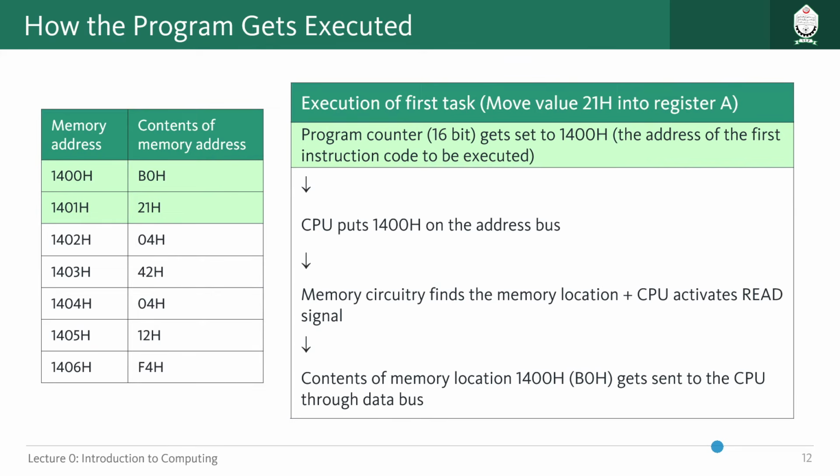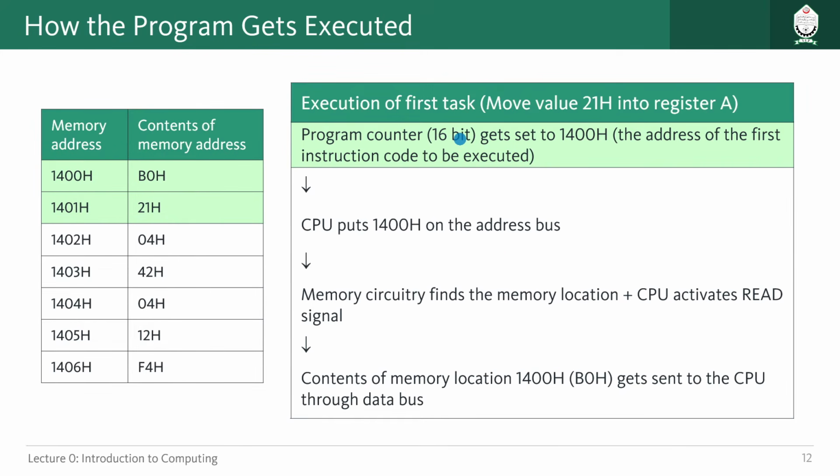So we have three tasks at hand. Let us first start with the first one, which is move value 21H into register A. These are the two lines of code we are trying to execute, right? First, the program counter, which is 16-bit because we have a 16-bit address bus.